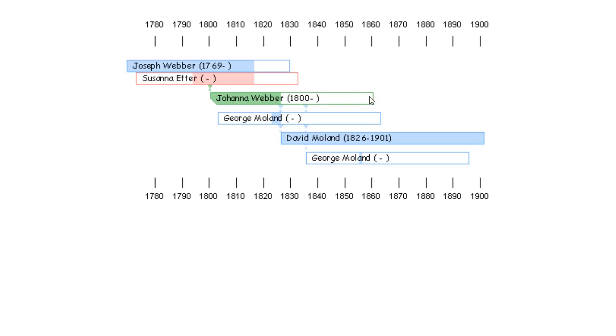This is depicted by the unfilled section of her life bar, which extends to a death date estimated by Genelines. Note also that his father's record, George Mullen, has neither a birth nor a death date.